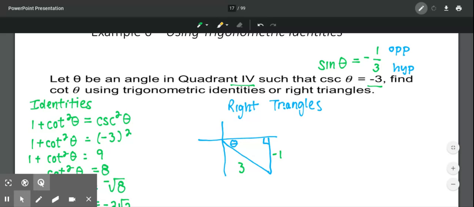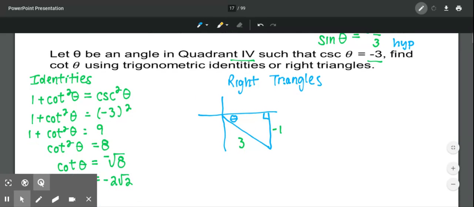Then we could go through and use Pythagorean theorem to find that other side. So again, if we call that side x, we could say x squared plus -1 squared equals 3 squared. So x squared equals 9 minus 1. So x squared equals 8, which means that this side is the square root of 8. And then we want to find cotangent.